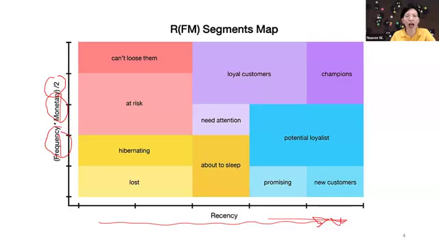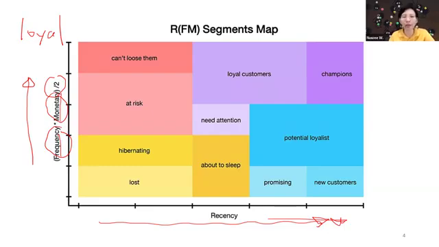It means that they are very loyal, they often buy with us, and also they spend more with us. So as you move higher up the y-axis, it means you are looking at the customers who buy often and spend a lot.